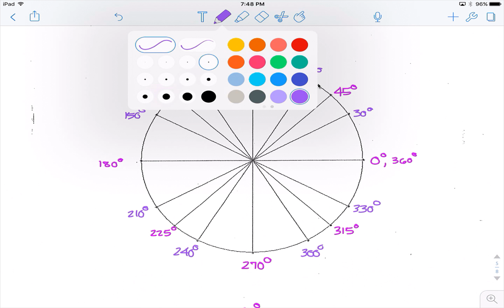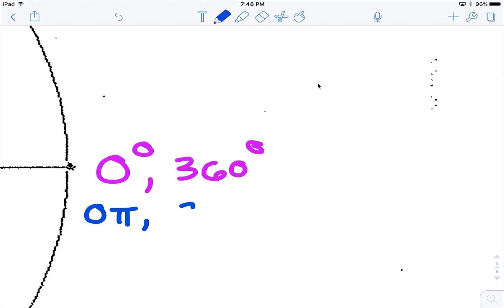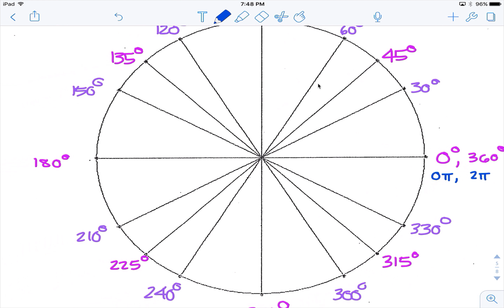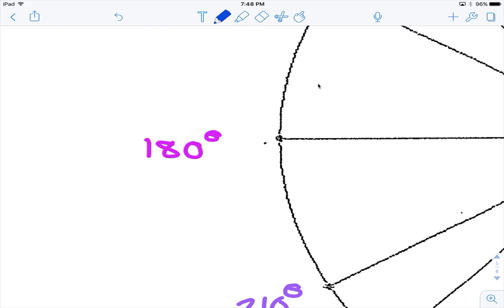Alright, so 0 degrees is the same as 0 pi. And we said that if we went all the way around the circle, that would be 2 pi. So halfway around at 180, that would be the same as pi.